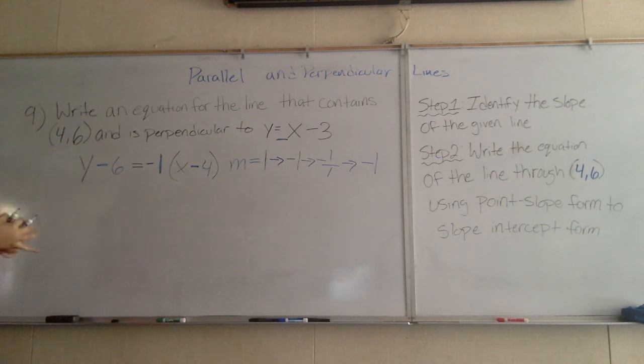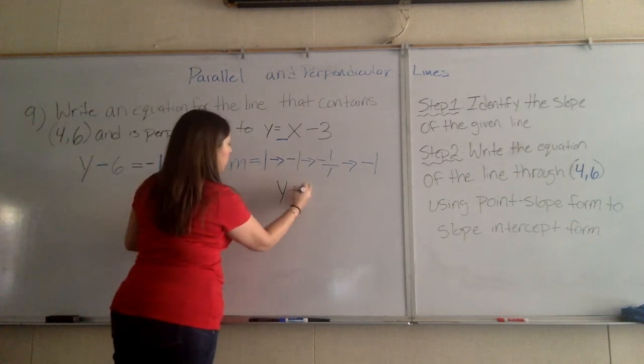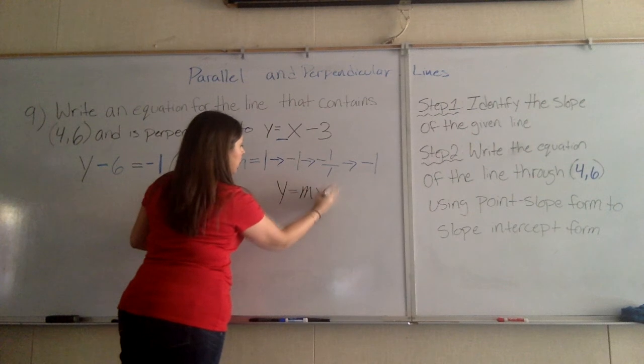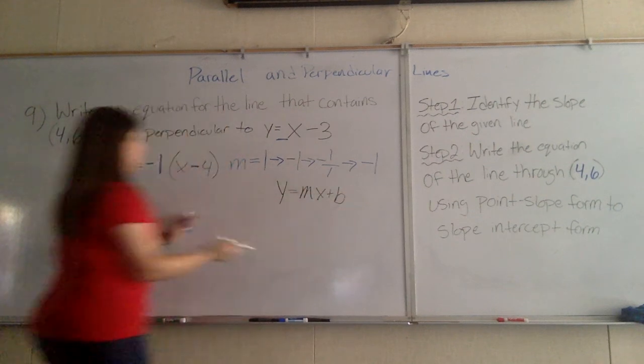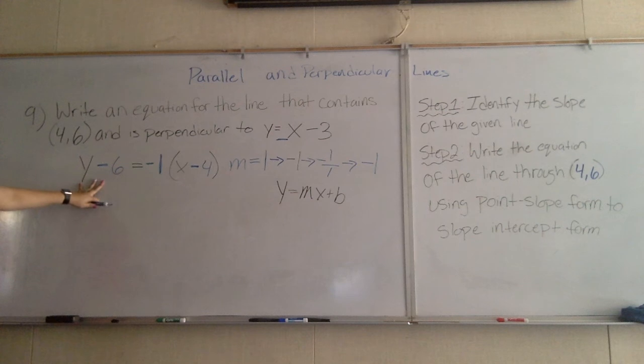Step 2.5 or step 3 will be taking this and changing it to slope intercept form. Slope intercept form is y = mx + b, which means I don't have any parentheses and I don't have any numbers next to my y. So we're going to have to get rid of both.